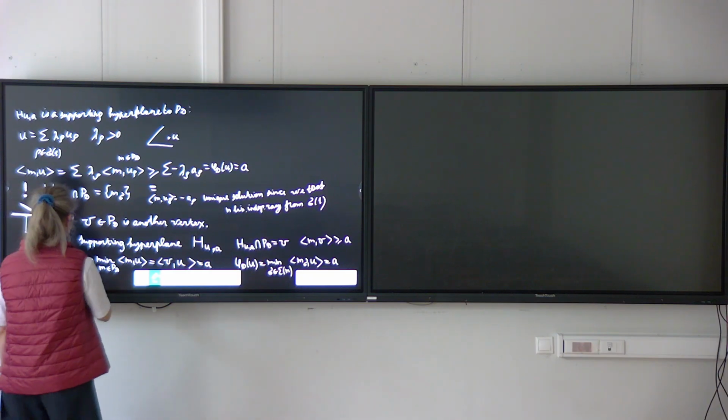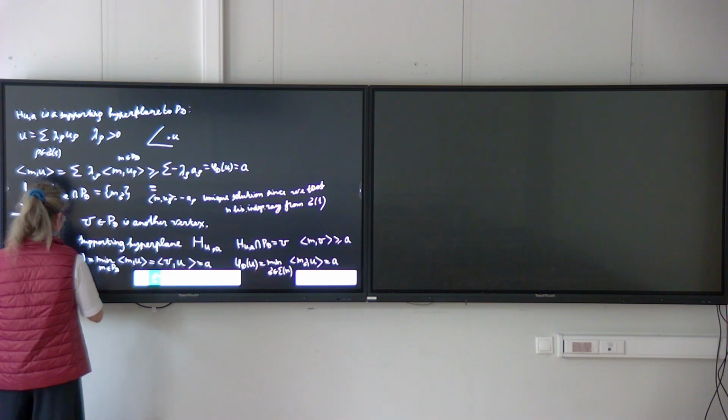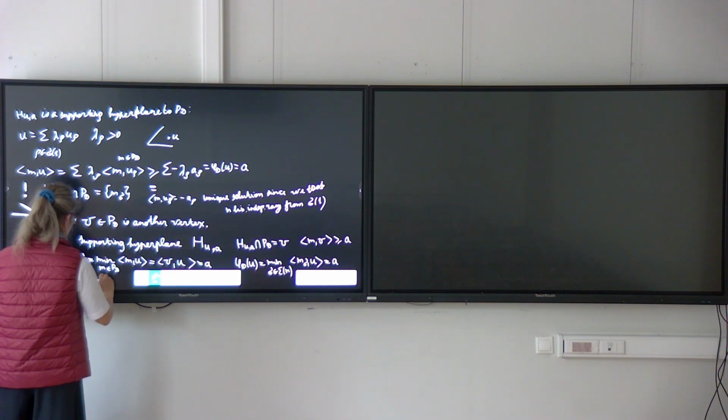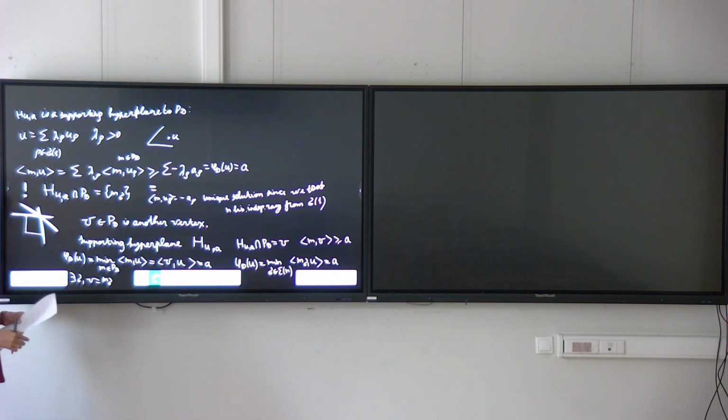So there is this sigma. V is equal to M_sigma. And we showed that indeed M_sigma forms the set of all vertices.